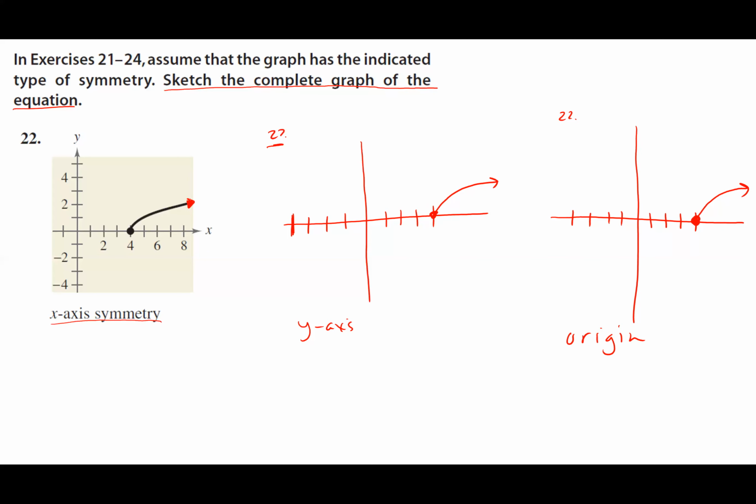Y-axis symmetry, yes. The other one is if you fold along the y-axis, you get the same thing.